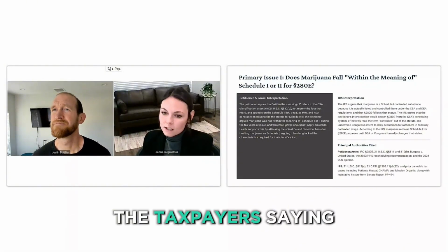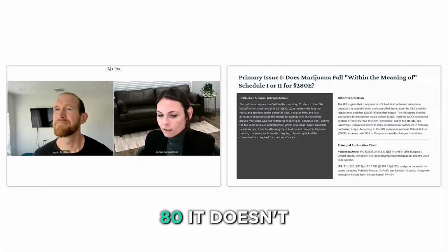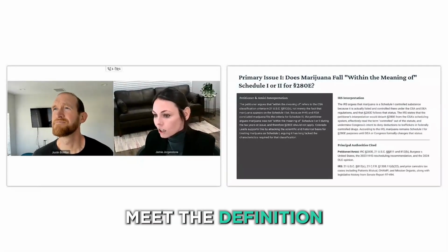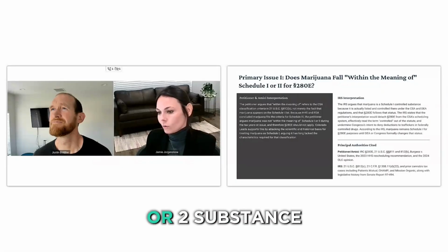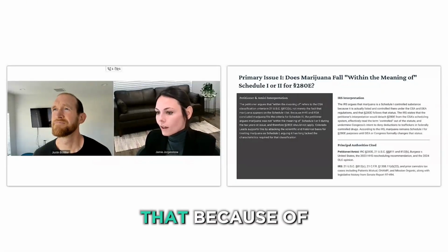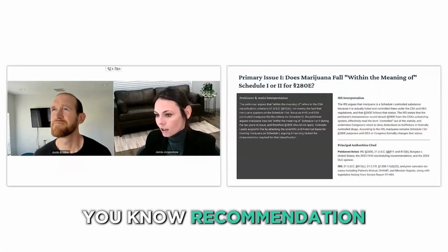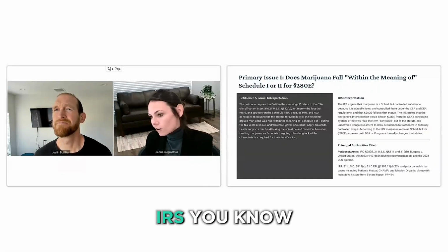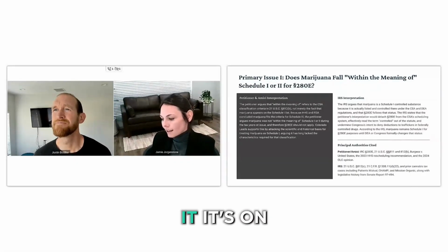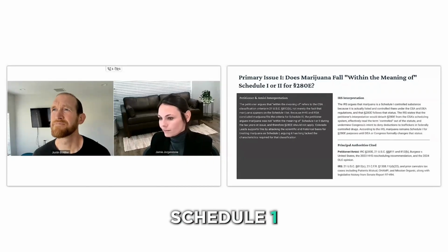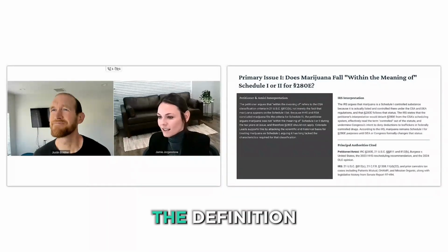And so the taxpayer is saying that 280E doesn't apply because marijuana doesn't meet the criteria of a Schedule 1 or 2 substance, and we know that because of the HHS's recommendation. And then the IRS responds by saying it's on Schedule 1, so it does meet the definition.